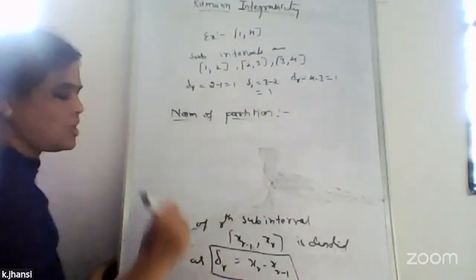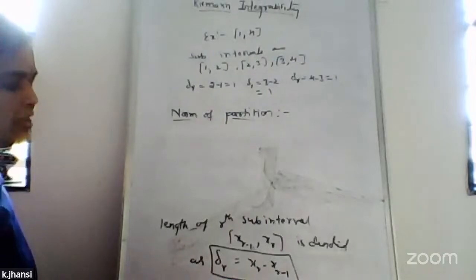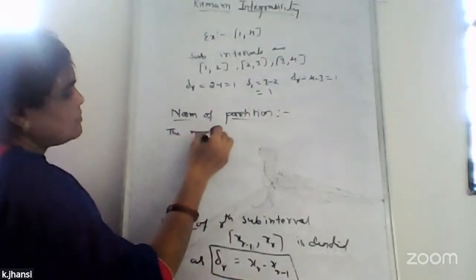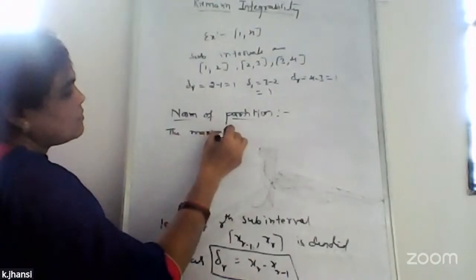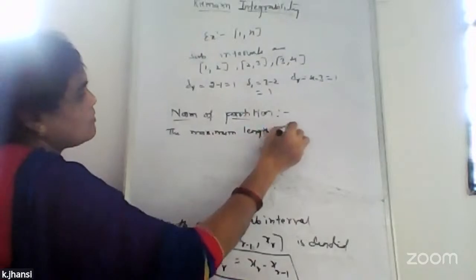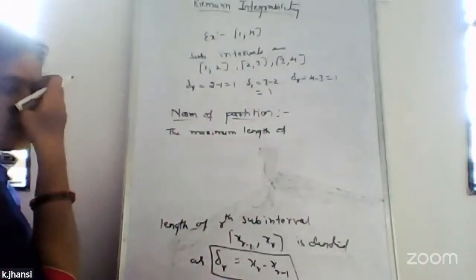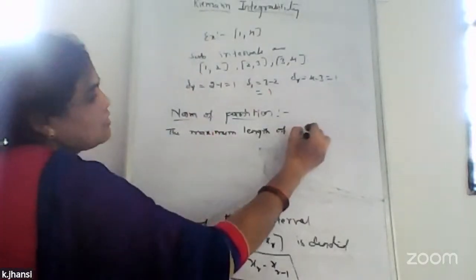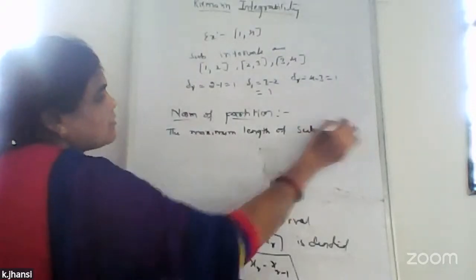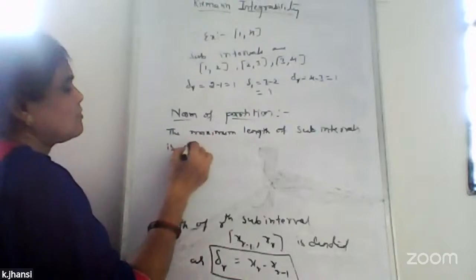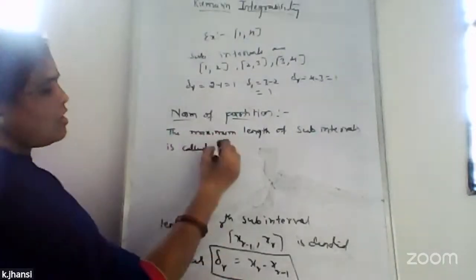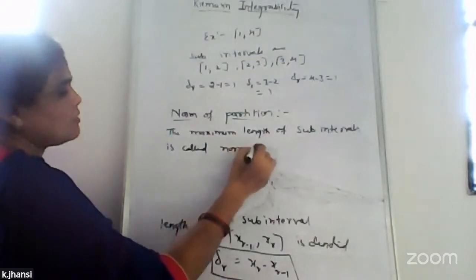Norm of partition means the maximum length of the subintervals. The maximum length of subintervals is called the norm of partition.